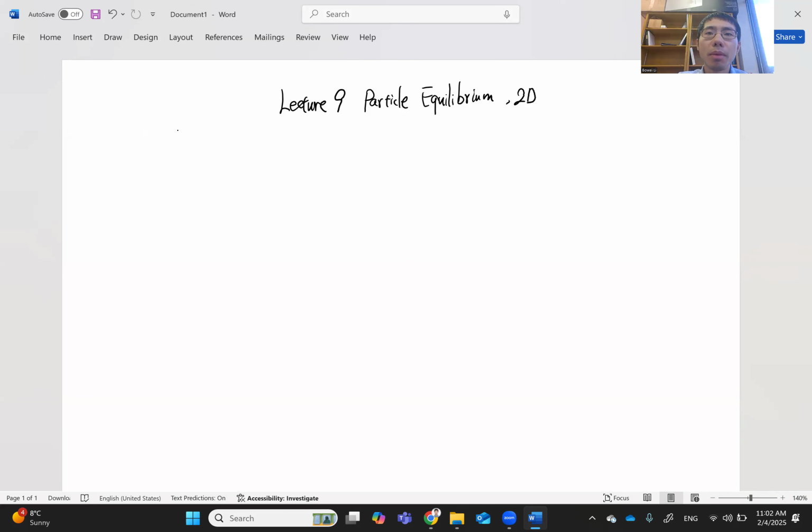Does anybody remember what a particle is here? It is what we talked about at the very beginning of our semester: a particle is a rigid body model of which the size can be ignored. And typically, we can represent a particle by a point, right?